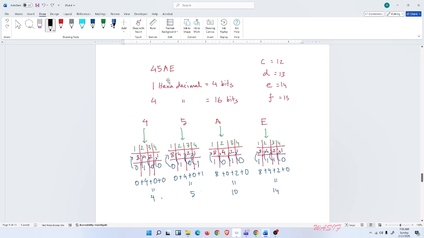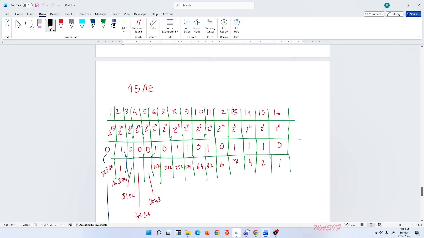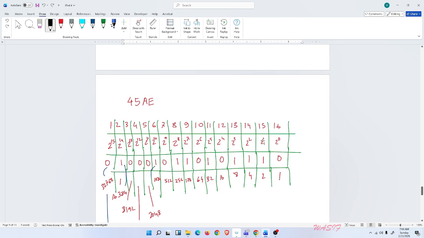Now if you look here, how many hexadecimal digits do we have? 4. That means we have 16 bits. For 8 bits we had a table, right? 2 to the power 0, 2 to the power 1, 2, 3, 4, 5, 6, 7, until 7. For 16 you need 8 more. So for 8 we had until 2 to the power 7.